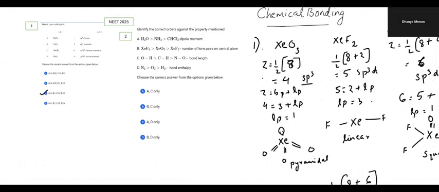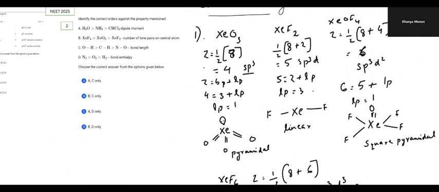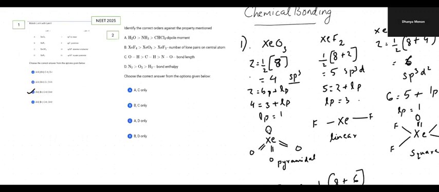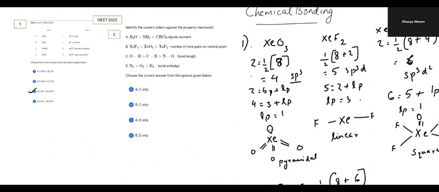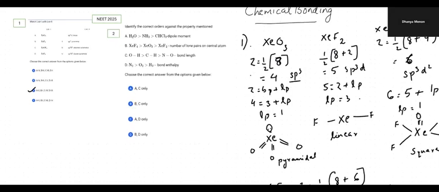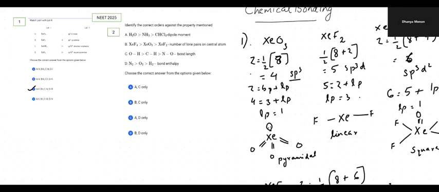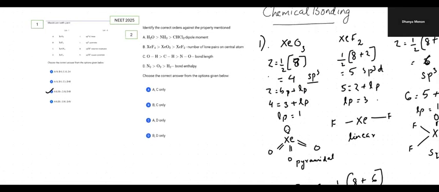C is the 4th one, which is sp3d2. And the last one, D is the 3rd one, distorted octahedral. Okay, square pyramidal, the previous one, and XeF6 is distorted octahedral. So we have the answer, 3rd one. Okay, I hope it is clear.